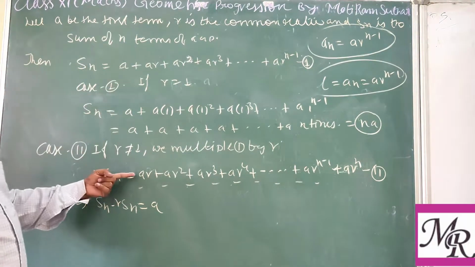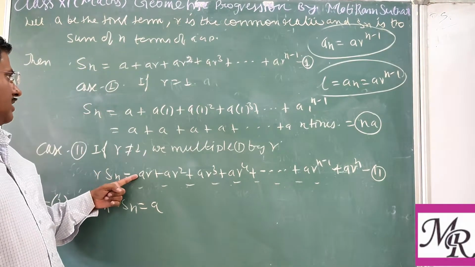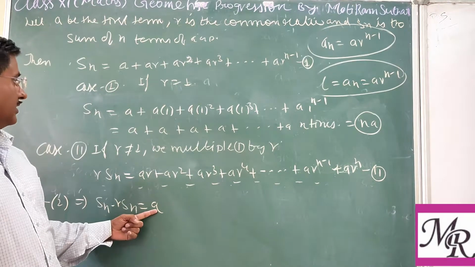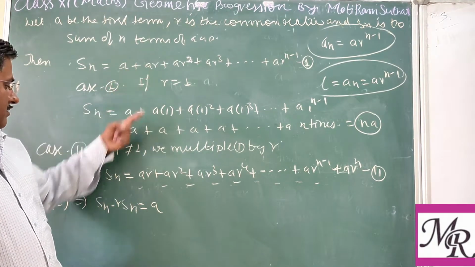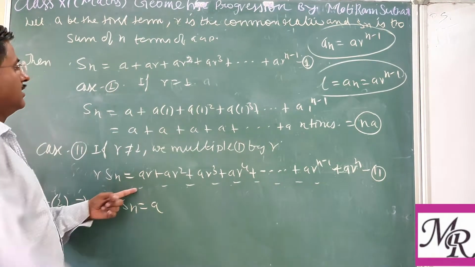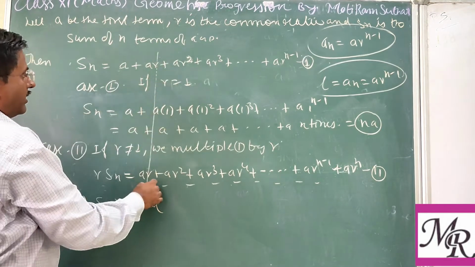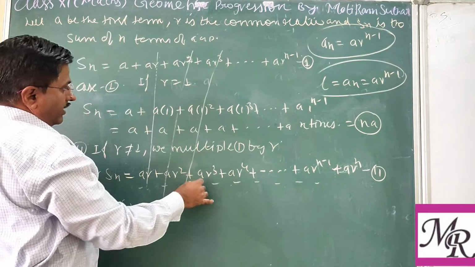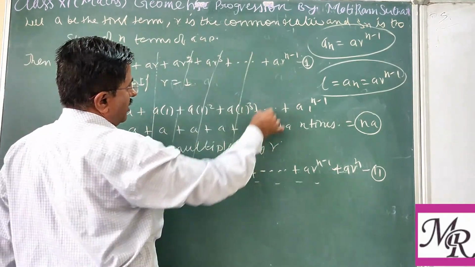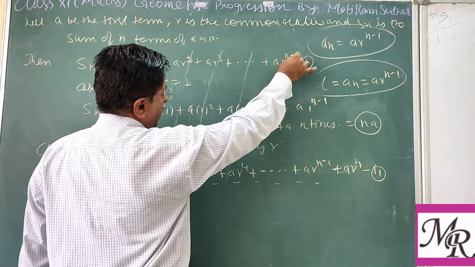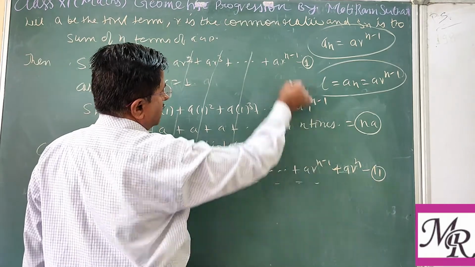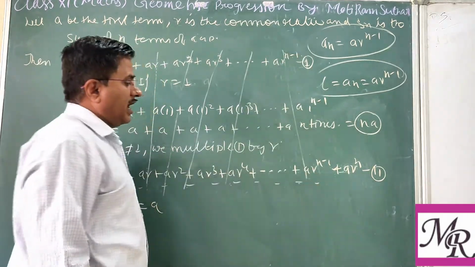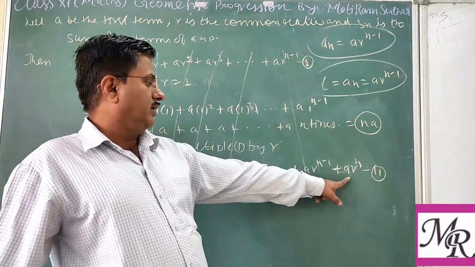So A minus, there is no term containing A. That's why we write A. Then AR minus AR cancel. Diagonally AR cancel. AR square minus AR square, AR cube minus AR cube, and diagonally they all are cancelled. AR power n minus 1 minus AR power n minus 1, so this is also cancelled. So what is left? AR power n.